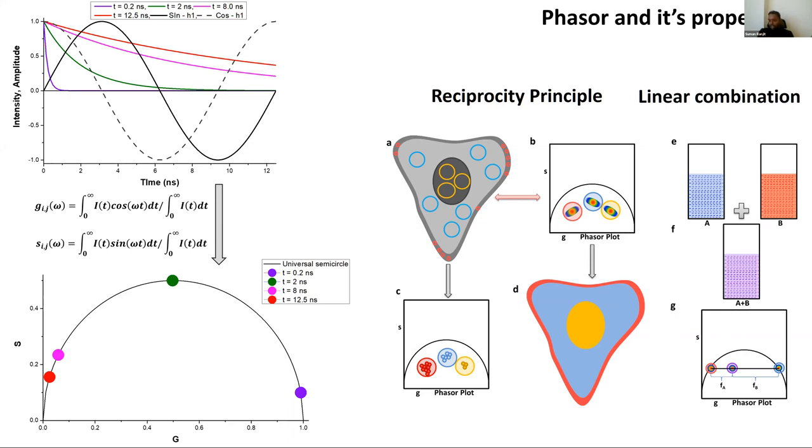It's almost like having a solution of 2 different dyes. It would lie somewhere in between along this line, where the distance for each case would depend on their fractional intensity, the amount of intensity coming from each, and is reciprocally related to that. That gives us an opportunity to go back and see what the actual fractional intensities are.